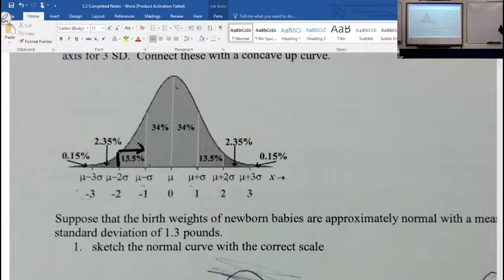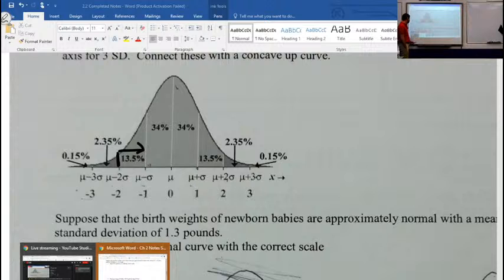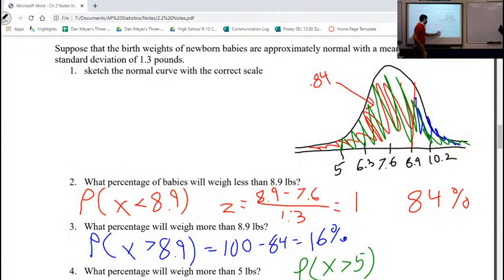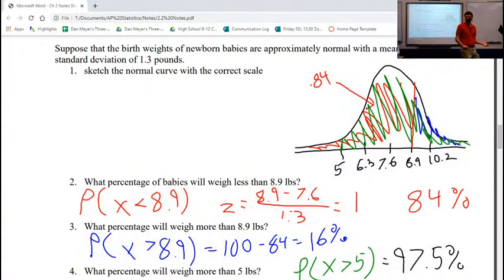Total it up. What do we get? It's 97.5%.